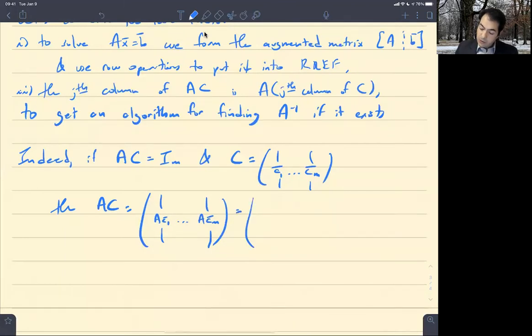And we want this to be equal to the identity, but the identity has columns E1 through Em, right?